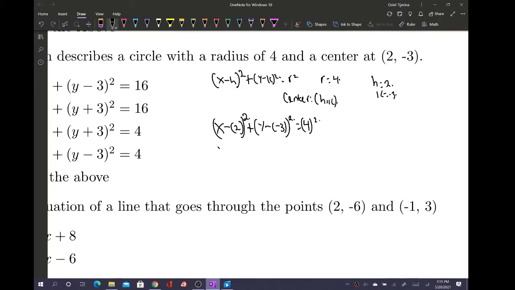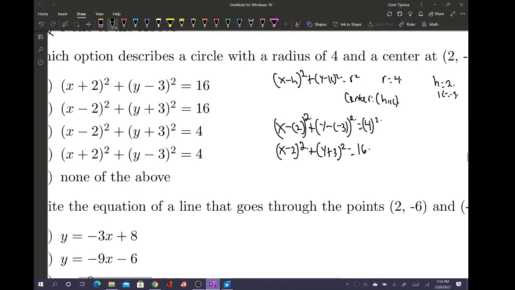So this equals (x - 2)² plus y, and then minus -3, that's (y + 3)² = 16.